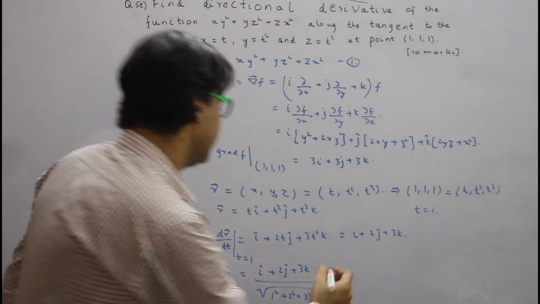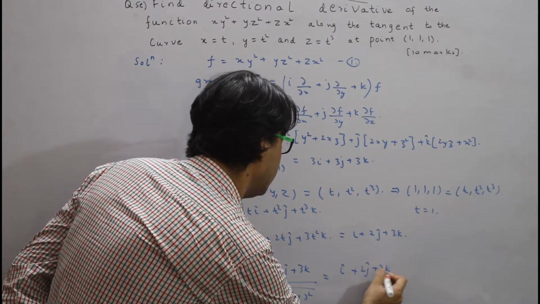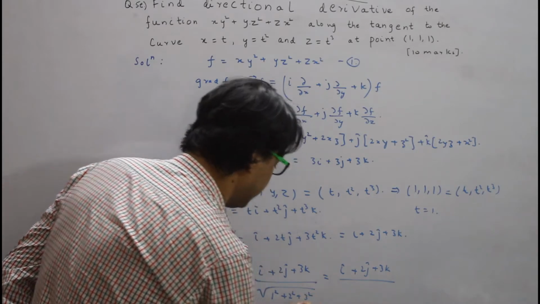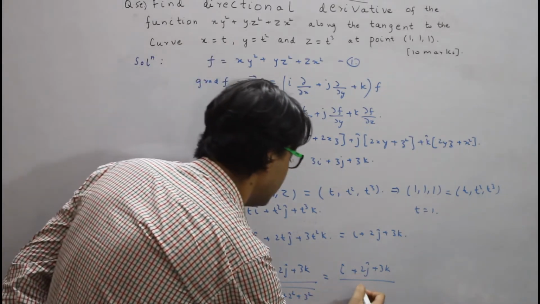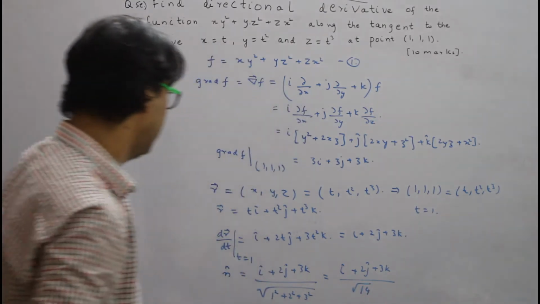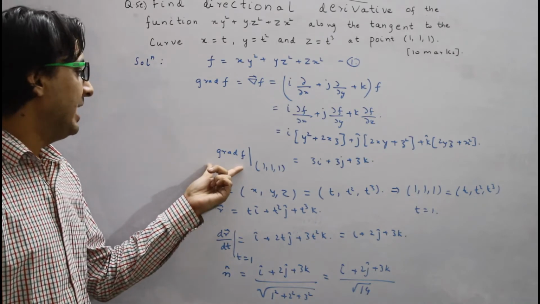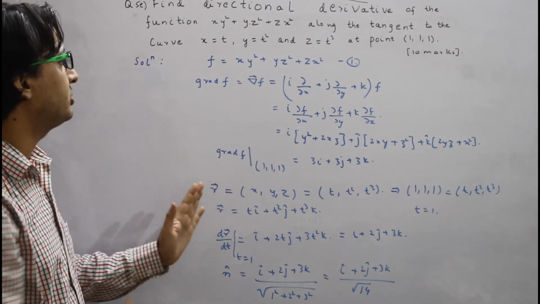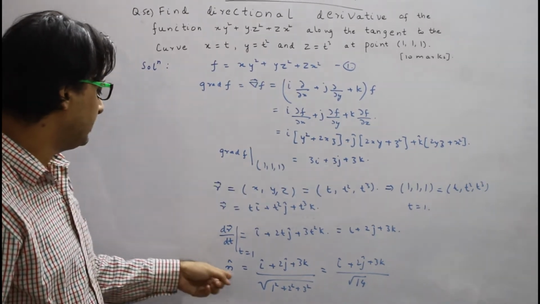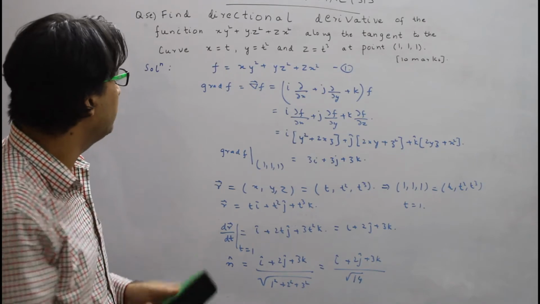So we get i plus 2j plus 3k divided by, 1 plus 4 is 5, 5 plus 9 is 14, so under root 14. So we have got our unit vector and we have got the grad at this particular point. We have to find the directional derivative, that is in the direction of the tangent at this point, that is the unit vector. So we are going to write our value over here.